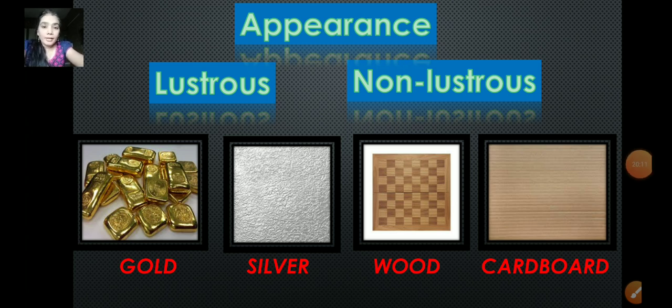Now, the iron rods present in our home, you must be seeing them in the windows, right? So you take sandpaper and just rub it on that. What you can observe is that the iron rod becomes shiny, that is, lustrous.